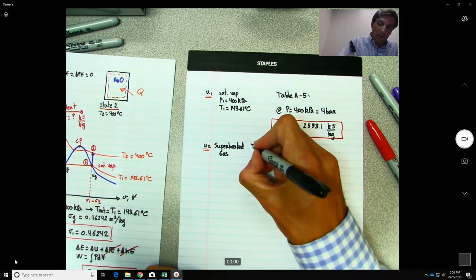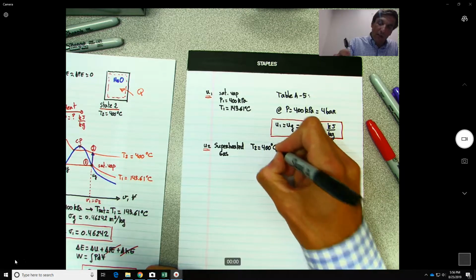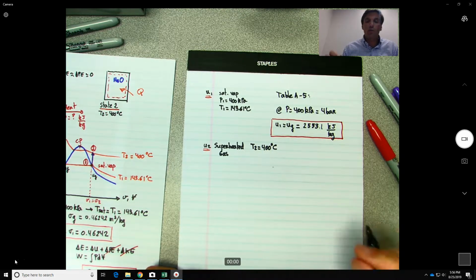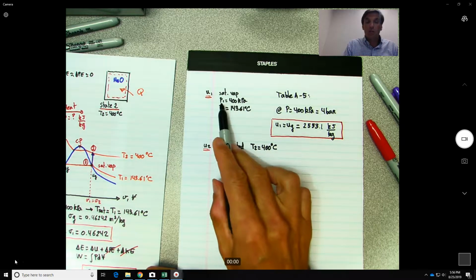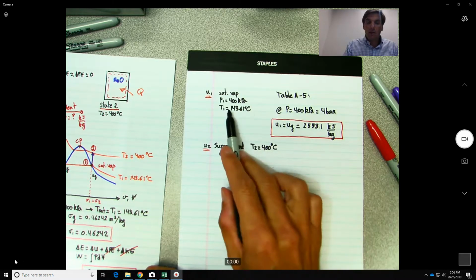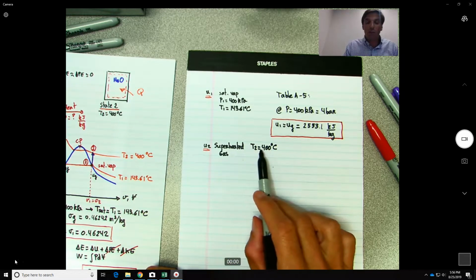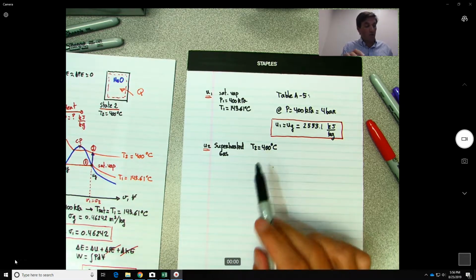We know that T2 is 400 degrees Celsius. And again, the trick over here is that you always need to know two different properties. Here we know the pressure, but generally you always need to know two things. So here we know the pressure, and what else do we know?